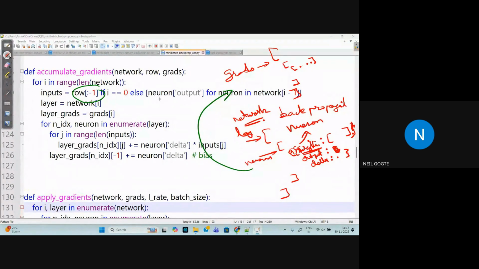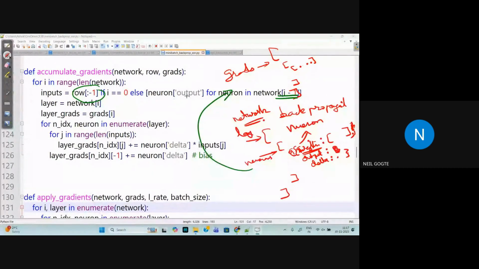For all other layers, that is, if i is not 0, including the hidden layers and the output layer, the network output of the previous layer is taken as the neuron output.